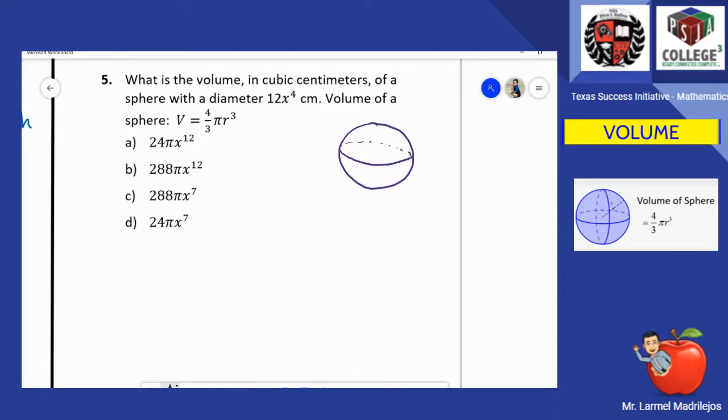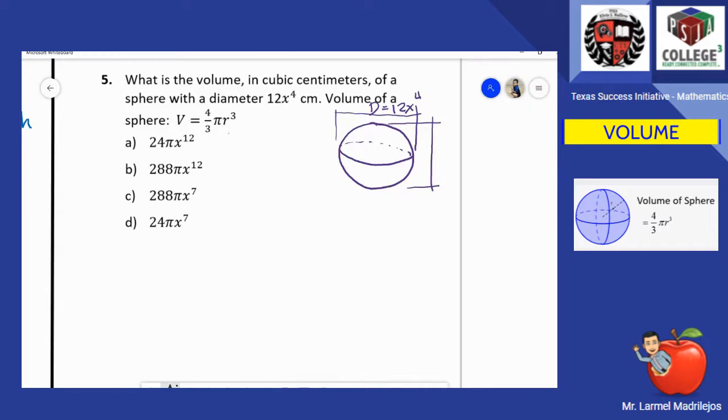Now they said that this diameter here, from here to there, is 12x to the fourth. So the height of that is also a diameter, because it's a ball, it's a circle.